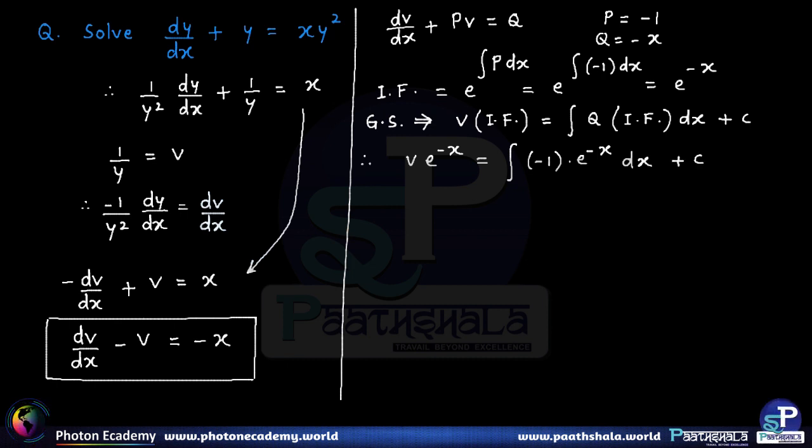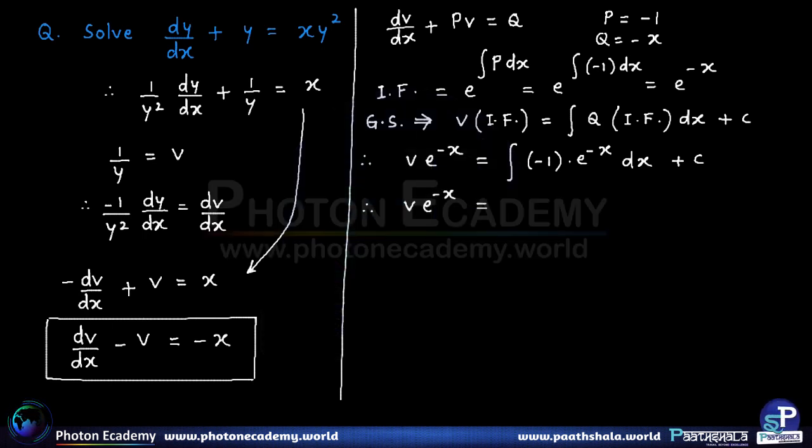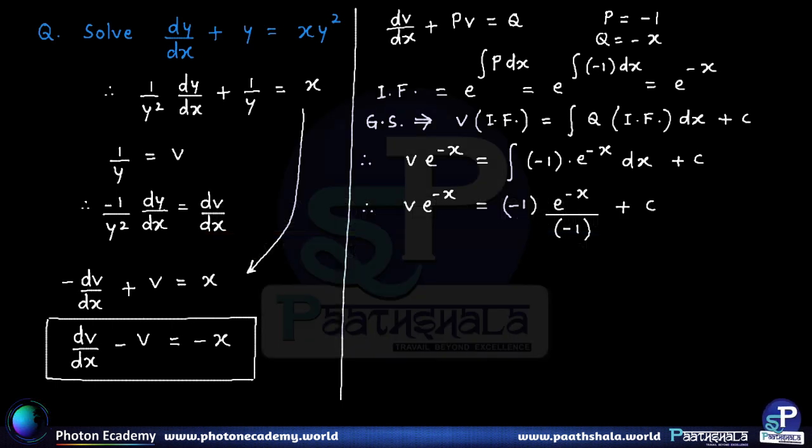Right? If we take minus 1 outside, then integral of e raised to minus x is e raised to minus x upon minus 1, plus c. So ultimately we get v e raised to minus x is equal to e raised to minus x plus c.